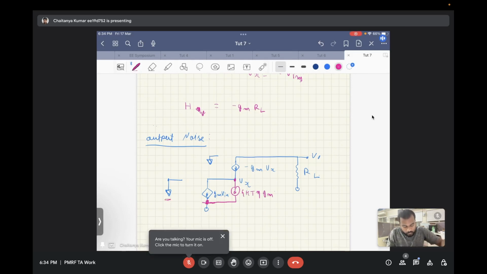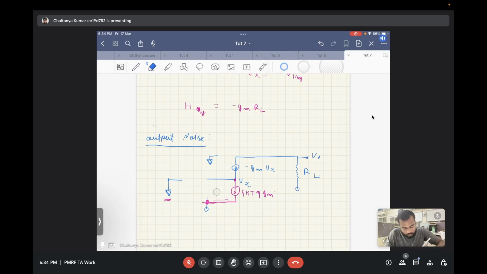Now if this voltage source is de-energized, since this current is Gm times Vin, and Vin is equal to 0, in this case this current source can be removed. Now there is only a noise current source from here.